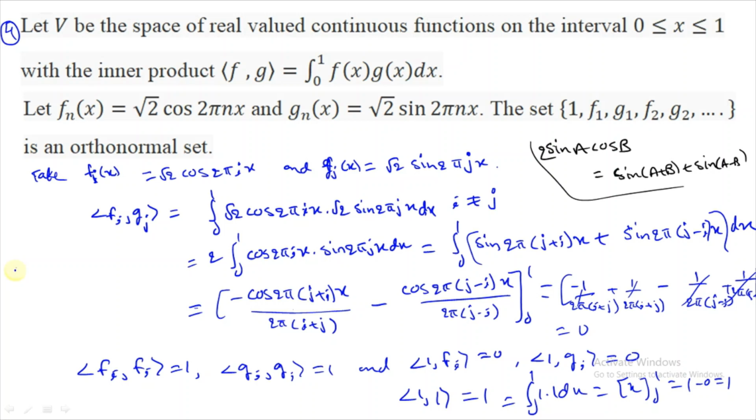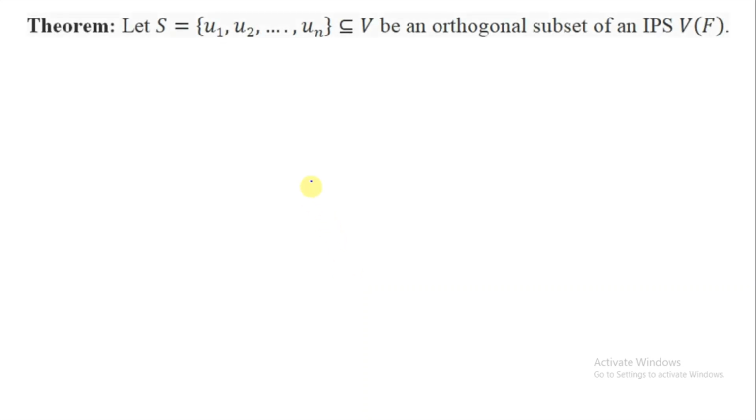We know the formula 2 sin a cos a equal to sin 2a. Now use this formula, and again you get 0. This is an orthogonal subset for an inner product space V over F.